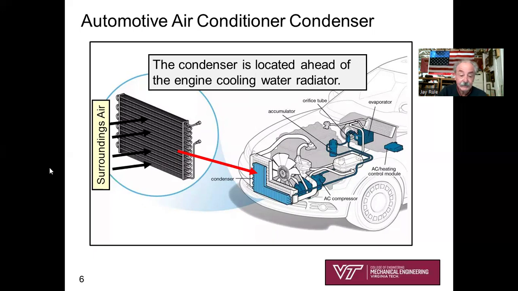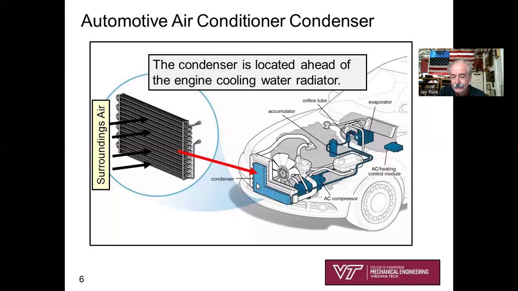As you're driving down the road, you've got surroundings air blowing across this serpentine condenser, basically one tube, one inlet and one outlet, so that it's a serpentine tube that's serving to condense the refrigerant. And so you can see in the cutaway, here's your condenser.